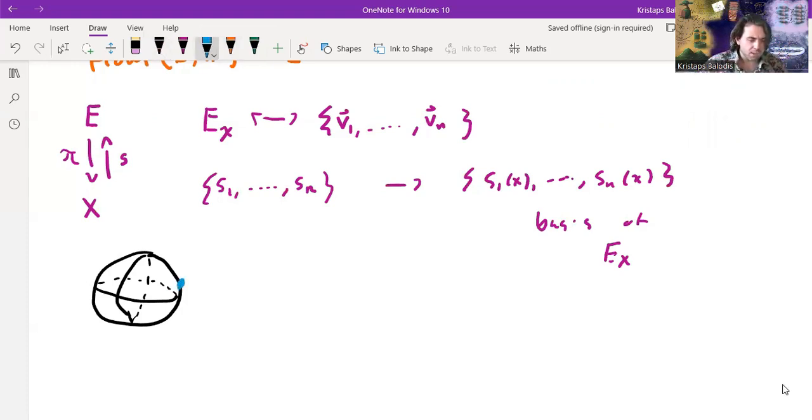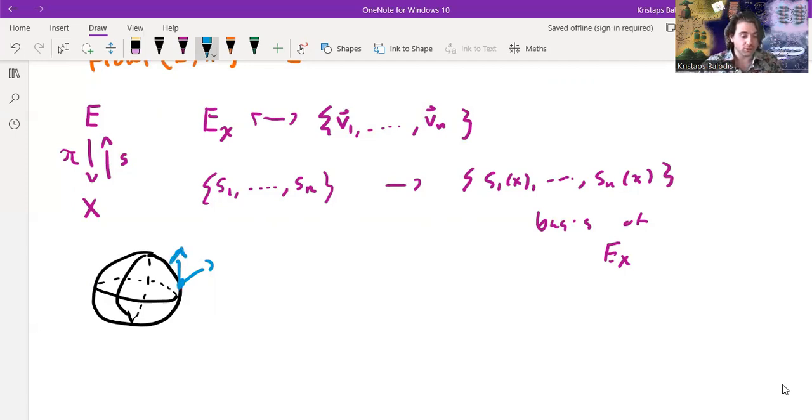And what ends up happening, though, if we imagine we're trying to pick some pair of orthogonal vectors at each point, but remember, essentially what the hairy ball theorem says in so many words is that a vector field, in order for it to be smooth and avoid that cowlick, has to vanish, right? Every vector field vanishes at some point.